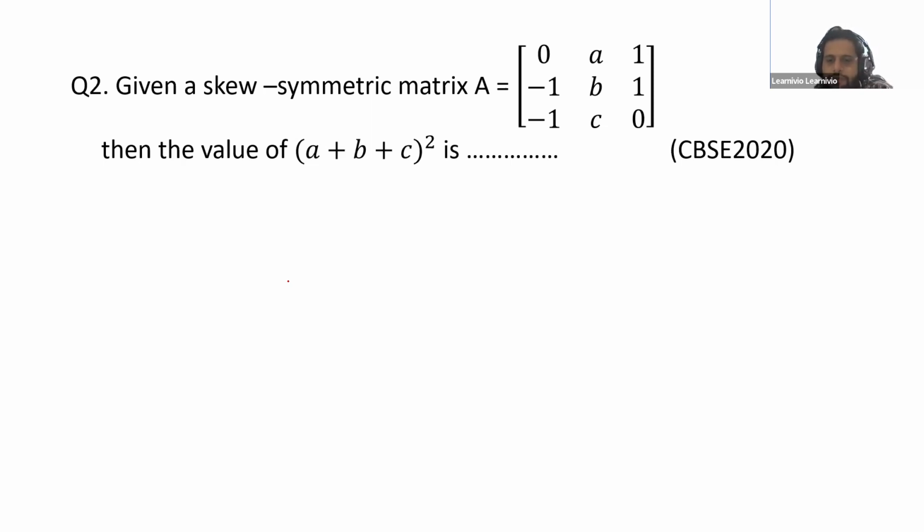Abdur, Maziha, Saif, what's the answer? Very good, Saif. This is correct.